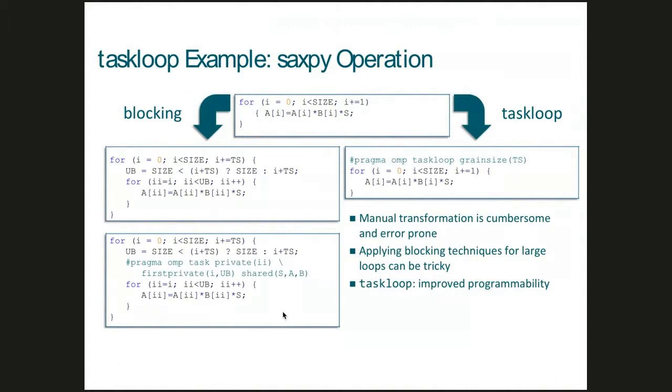It will work for you, but that is basically like doing something manually, and certainly in complicated cases it may be tricky or may have errors. The taskloop construct is basically you define a grain size, just one line on top of your loop.